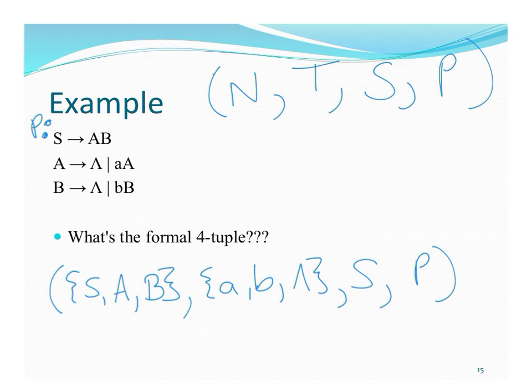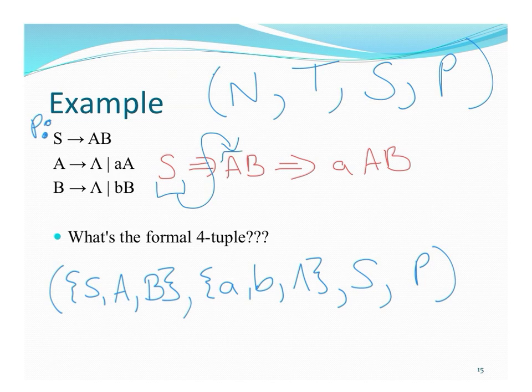And we can see that we could get strings like AB out of this, right? Because we could say something like S goes to AB, which goes to AAB, right? Because I'm going to take that S, expand it into AB, take that A, turn it into AA, right?